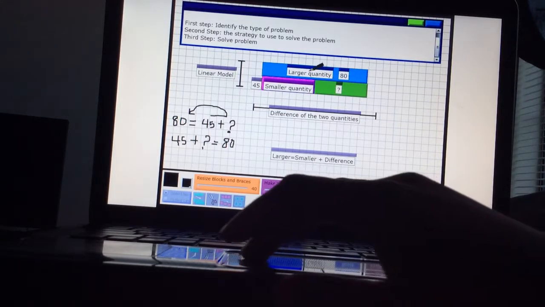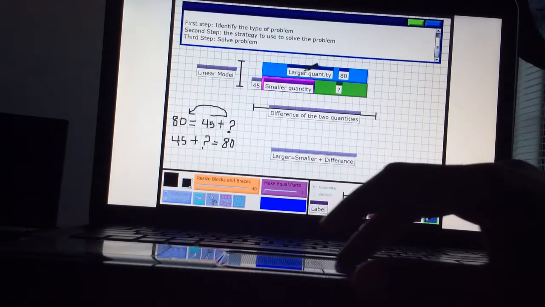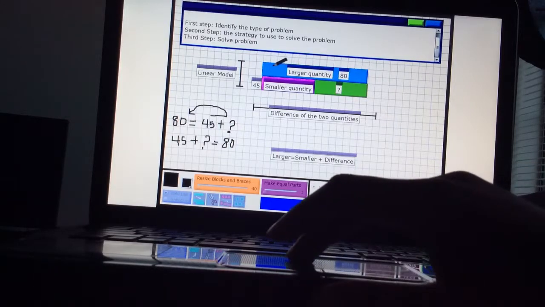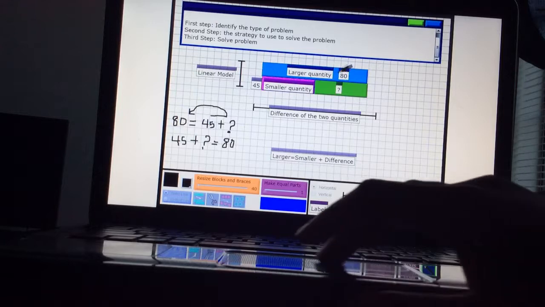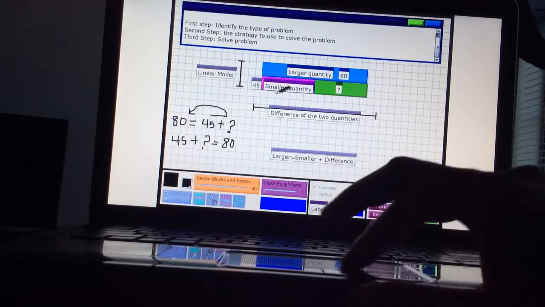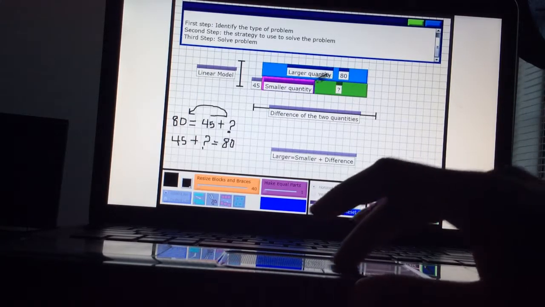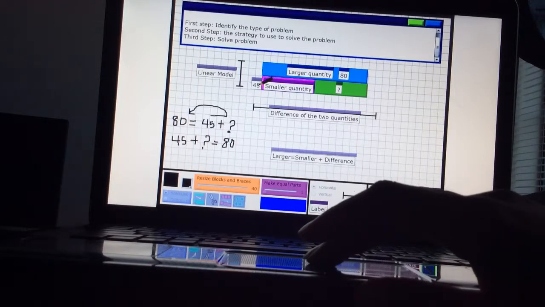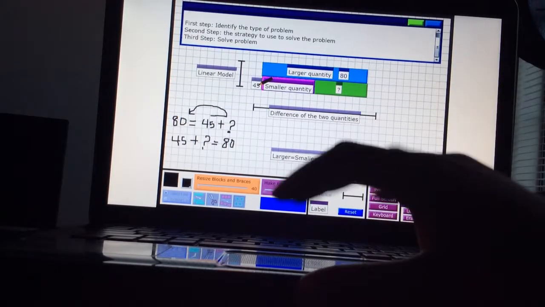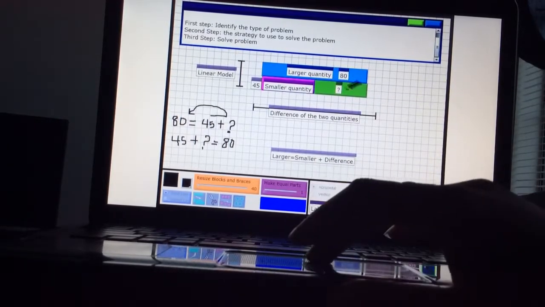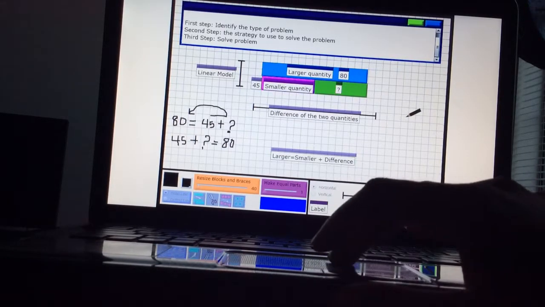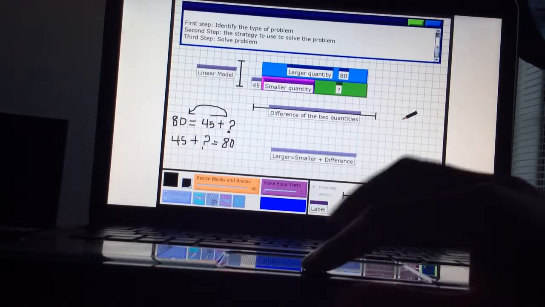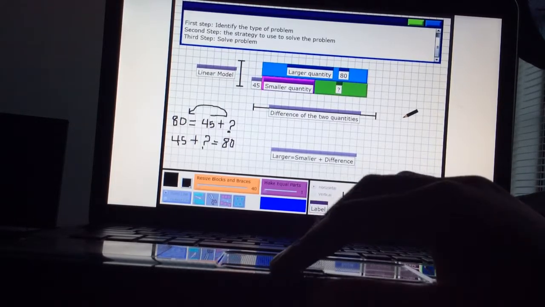And if you can see here, this is our whole, and our whole is 80. And then part of that 80 is 45. So what we can do to find this missing quantity is subtract. So let's set up a subtraction problem.